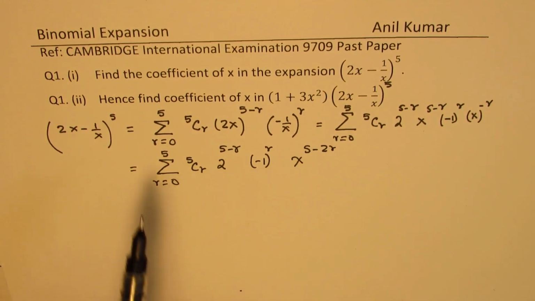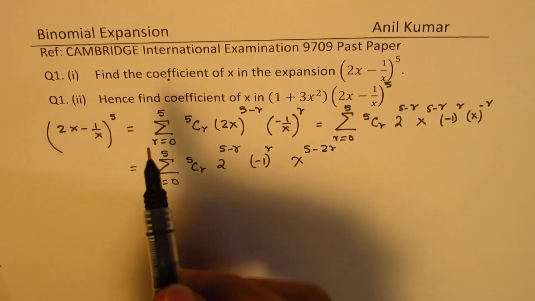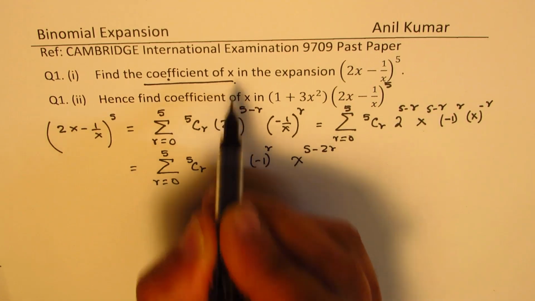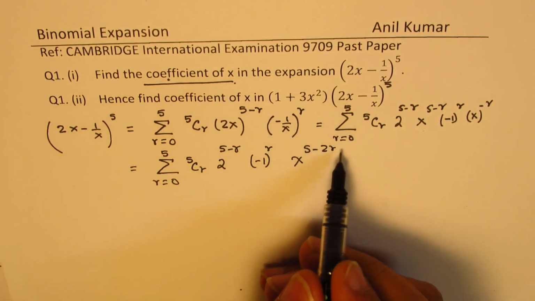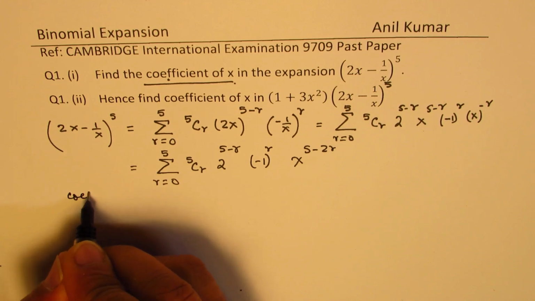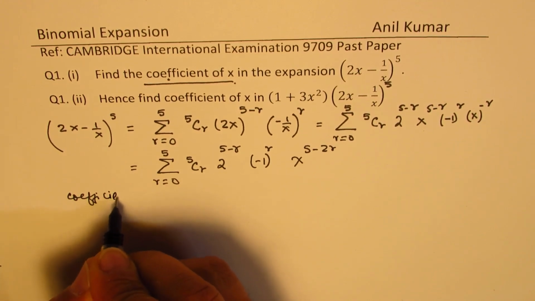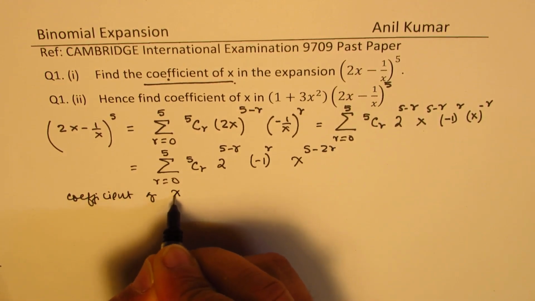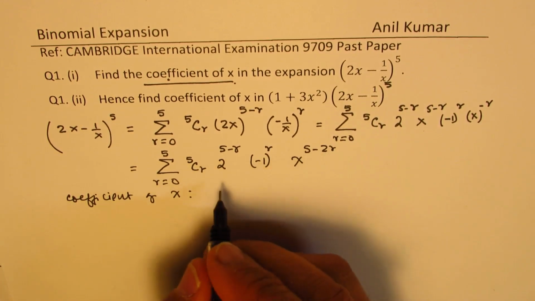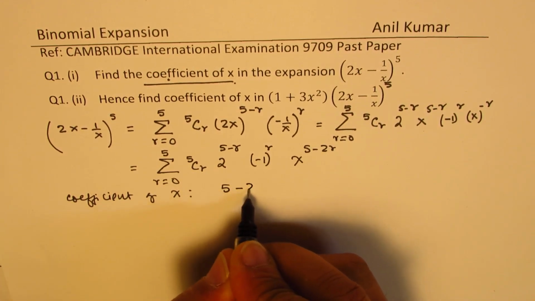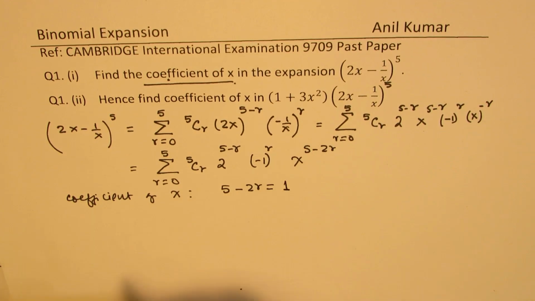Now, since we need the coefficient of x, we need x to the power of 1, right? So that means 5 minus 2r should be equal to 1. Correct?